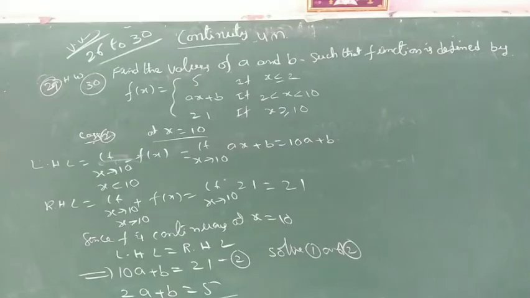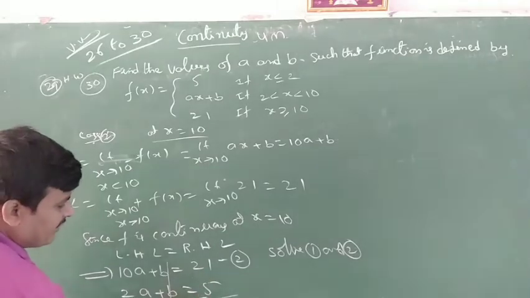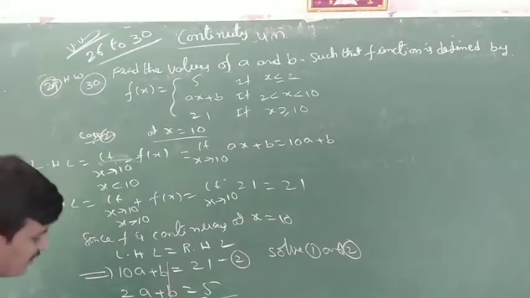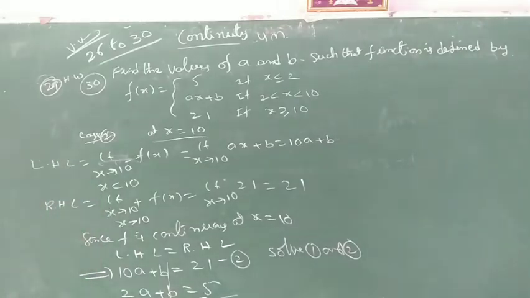Subtracting, the b cancels. 10a minus 2a is 8a, equal to 21 minus 5, which is 16. So A is equal to 2.